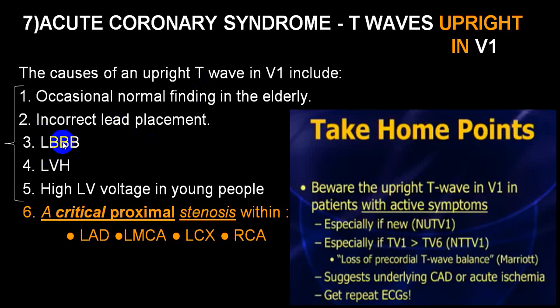Also in case of left bundle branch block, LVH, you can have a T wave upright and high voltage. But we are interested in acute coronary syndrome. So if you get a T wave upright, you should keep it in mind in presence of chest pain. In this we don't have chest pain. In all this we don't have chest pain.